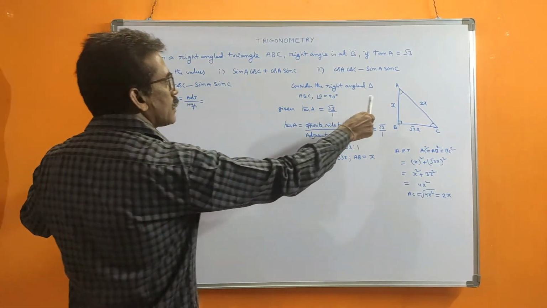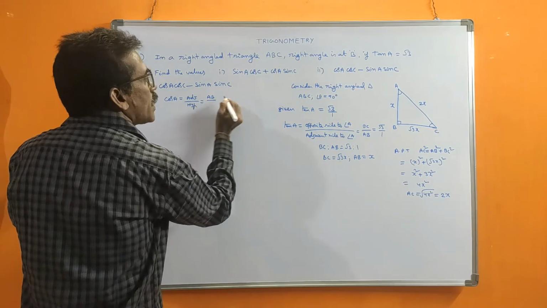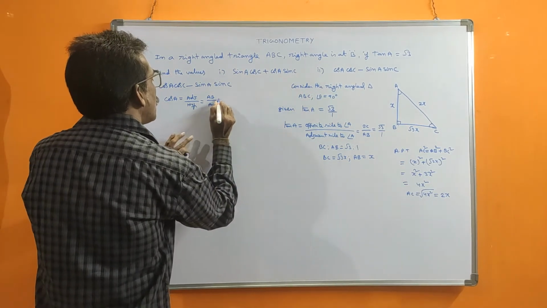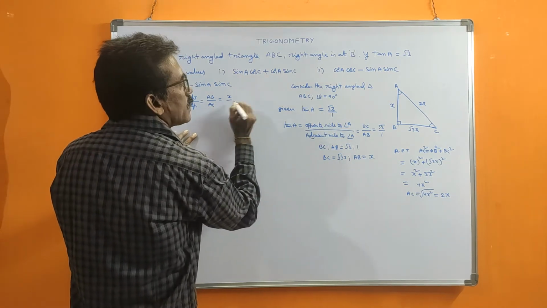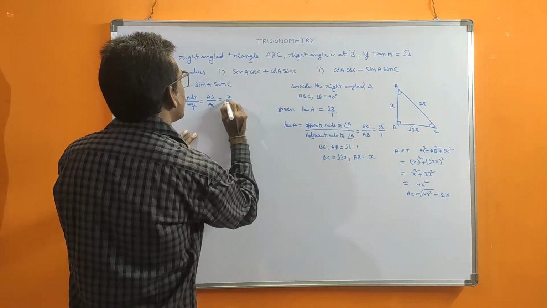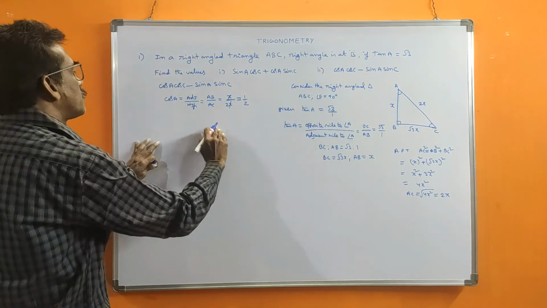Angle is A, so adjacent side is AB by hypotenuse AC. Substituting the values, AB is x by hypotenuse 2x. X cancels, 1 by 2. Its value is 1 by 2.